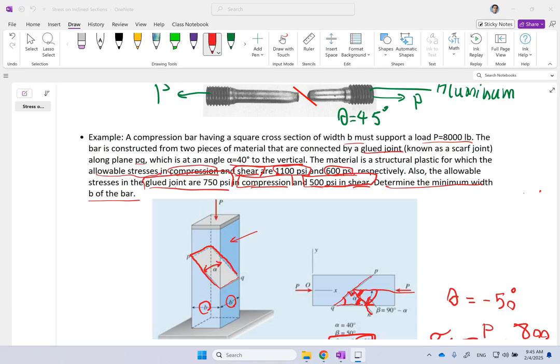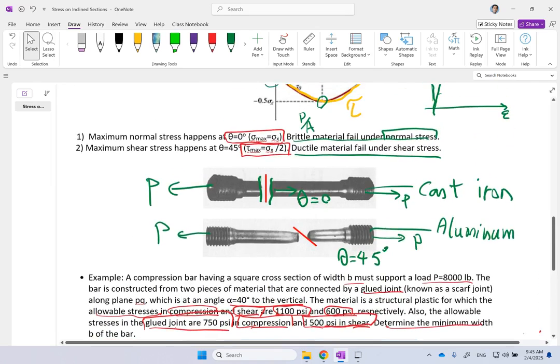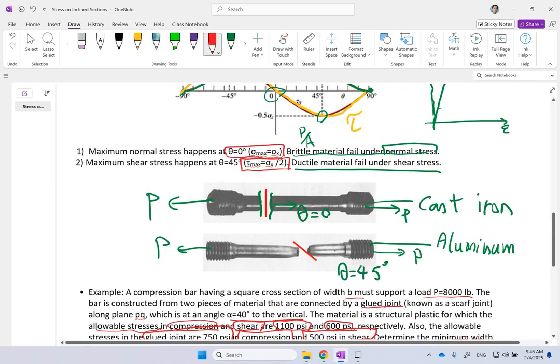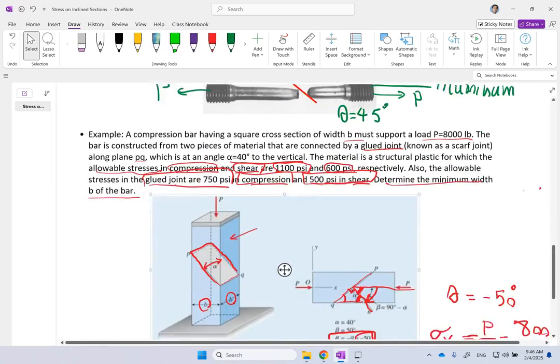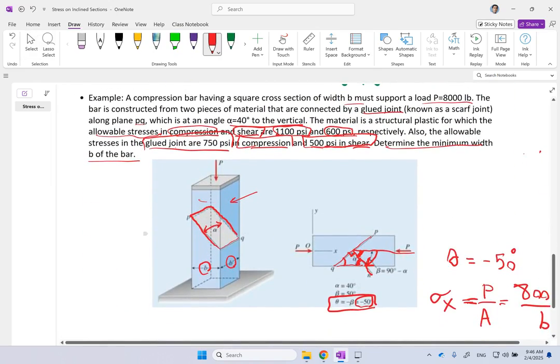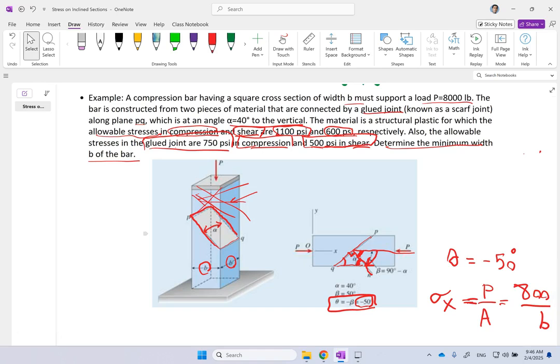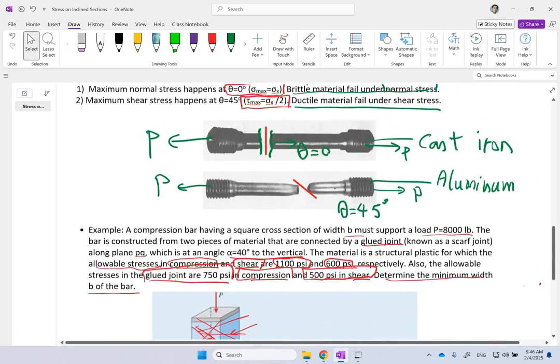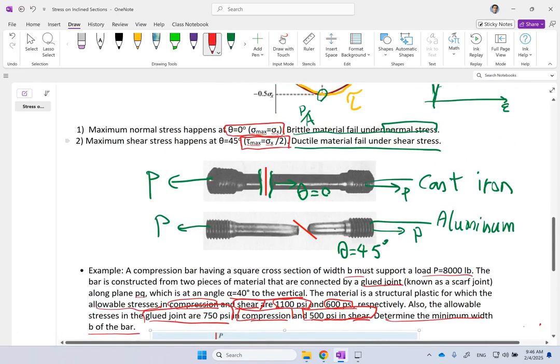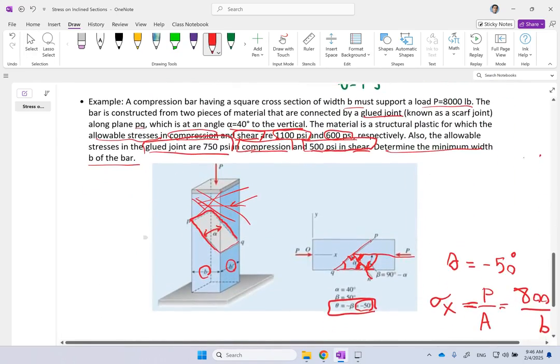Now, for the glue joint, we cannot say that the maximum sigma and the maximum tau will necessarily happen. Why? Because inside the material, I can have all sorts of angles from 0 to 45 degrees to anything, and clearly I can achieve the maximum sigma and the maximum tau inside the material.